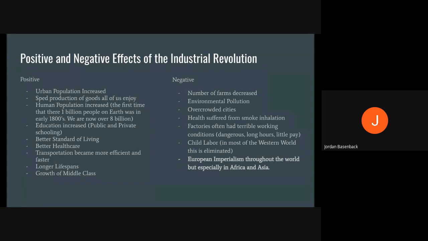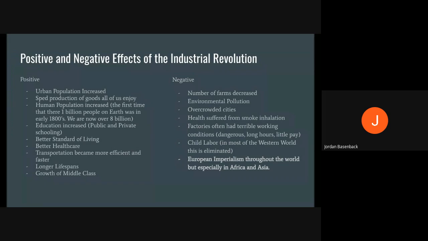Now, on the other hand, the Industrial Revolution also brought about several negative effects. So for one, the number of farms decreased. People bought up the land of peasants. You have many more big farms and fewer people living on farms and instead living in cities. You also have environmental pollution, overcrowded cities, and health suffering from smoke inhalation from the factories.